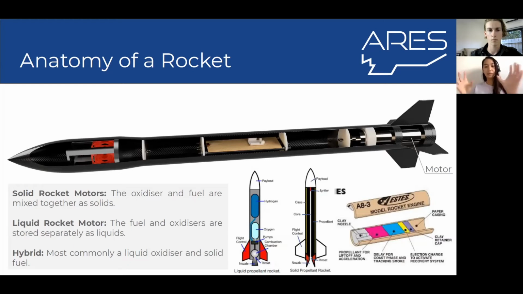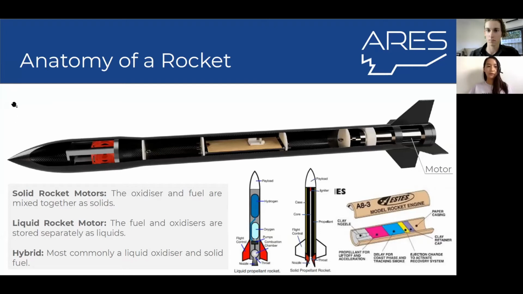They're stored separately, as you can see in that image. In that case, you can see that they're separate and they come together in the chamber, where they mix and create thrust.